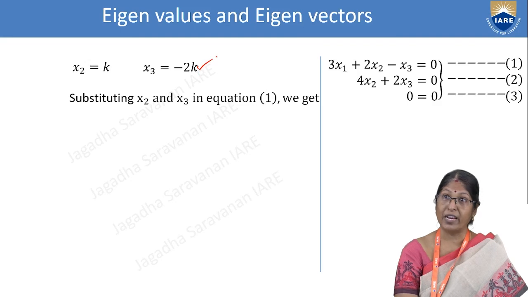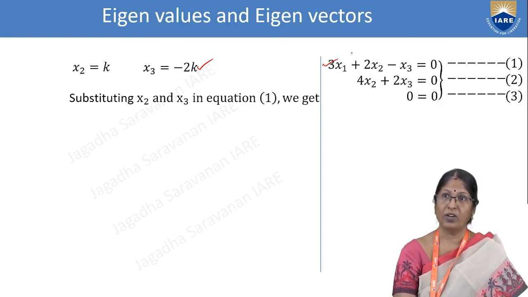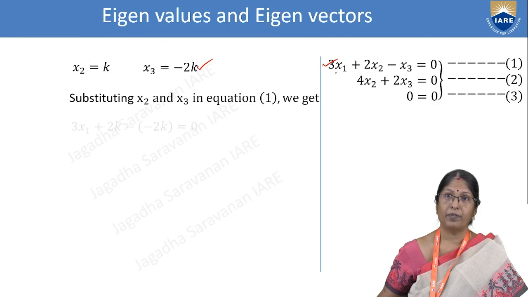The balance x1 is there. For that purpose, of these 3 equations, we take the first equation, because in the first equation the variable x1 is there, which helps us to find the value of x1. In this equation we substitute the values of x2 and x3.